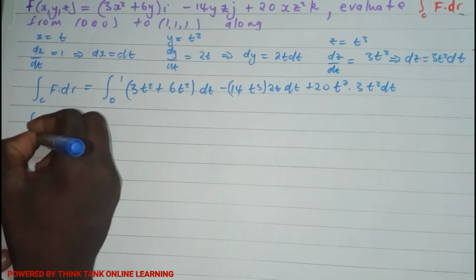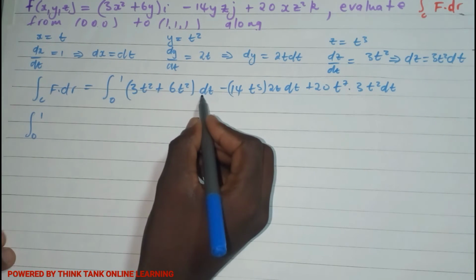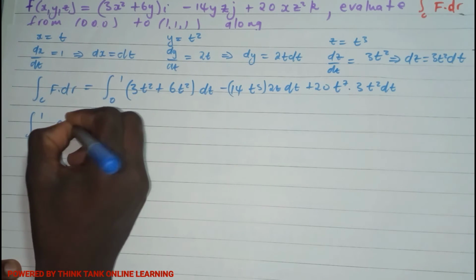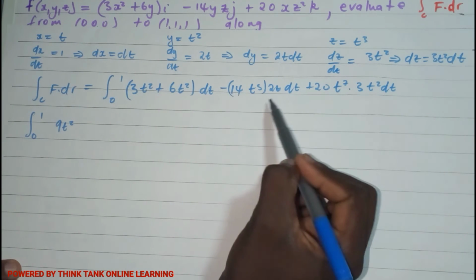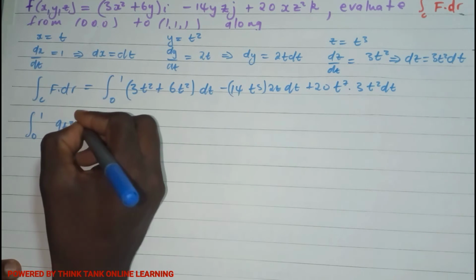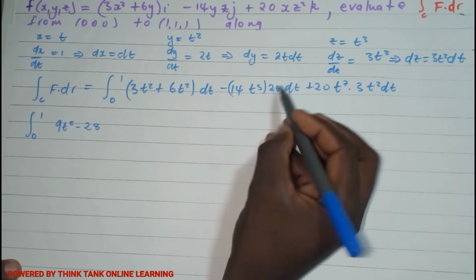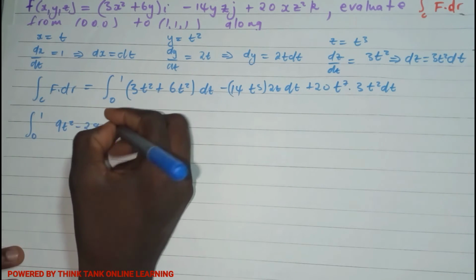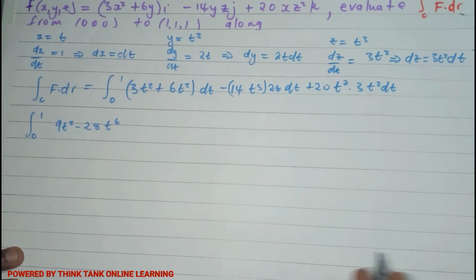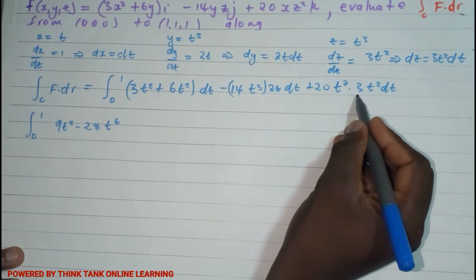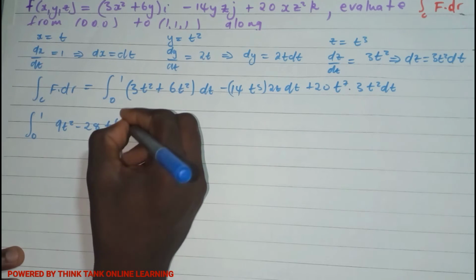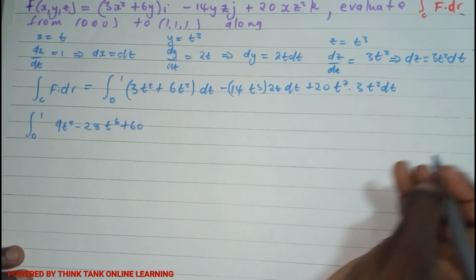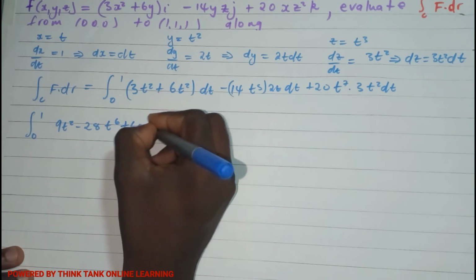So we're going to have 0 to 1, and if we add here, we're going to get 9t squared. And here we have 14 times 2, so we're going to get negative 28 t to the power 5 times t, that is t to the power 6. And 20 times 3, so we're going to have 60 t to the power 7 times t to the power 2, which gives t to the power 9.